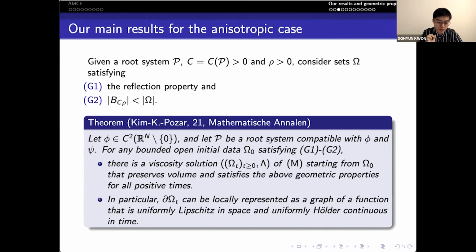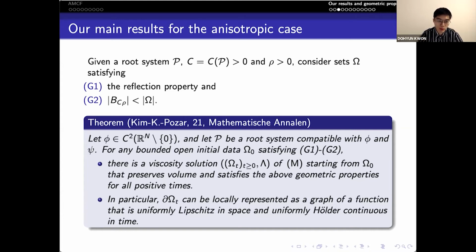This also preserves volume, and also satisfies the above geometric properties for all time. As long as Omega_0 satisfies G1 and G2, Omega_t satisfies G1 and G2. In particular, the boundary of Omega_t can be locally represented as a graph of a function that is uniformly Lipschitz in space and uniformly Hölder continuous in time.